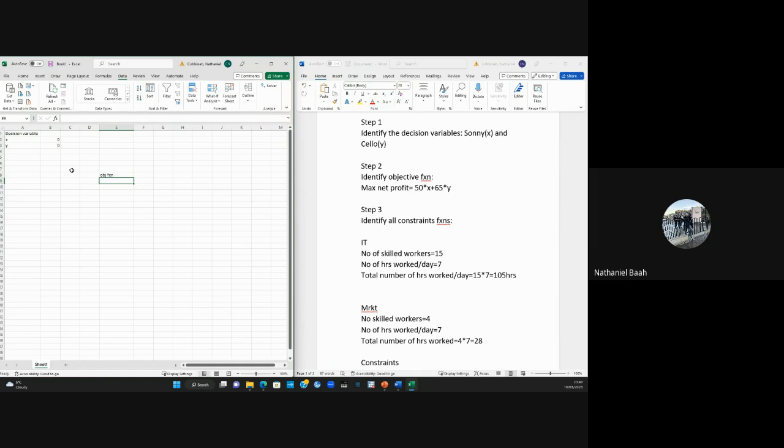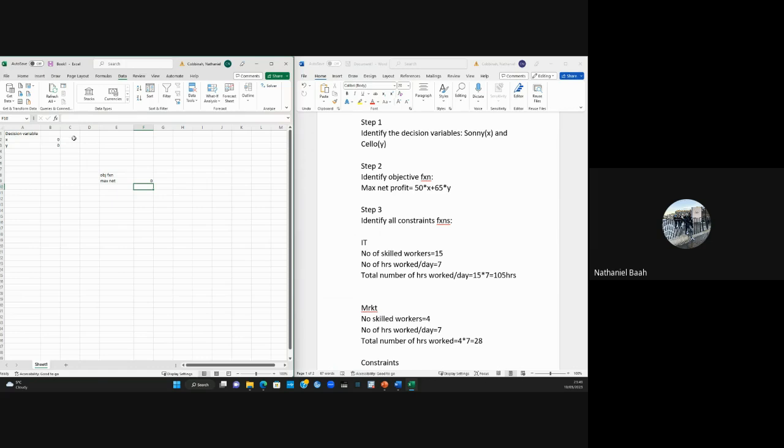So I'm going to say this is my max net, and that was equal to... In order to do any mathematical thing on Excel, you start with the equal sign. So that is equals 50 multiplied by X. That's Sony. So I'll click on the X plus 65 multiplied by Y. So I'm going to click on Y. Then I hit enter.